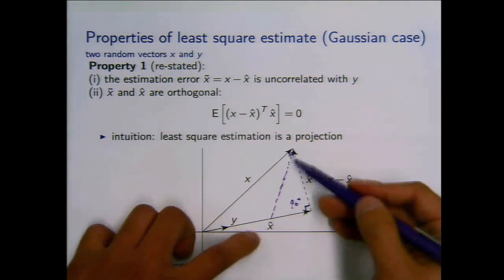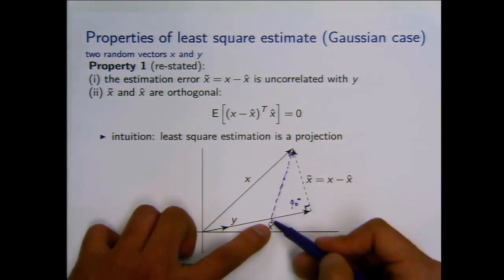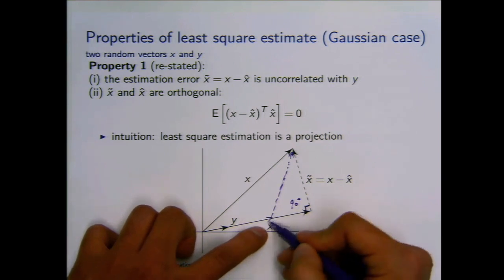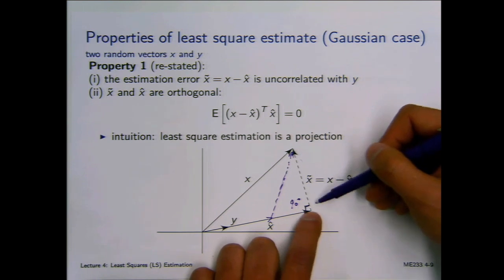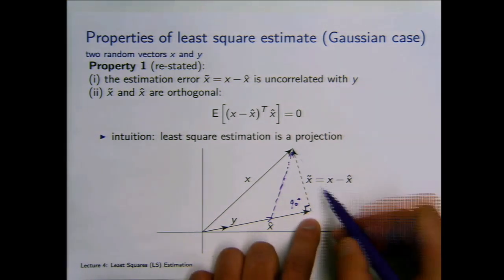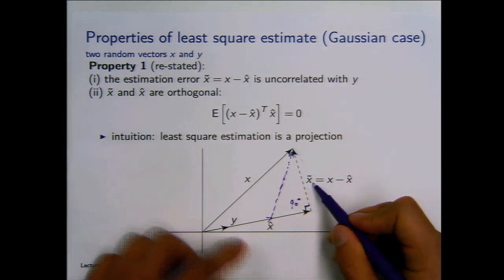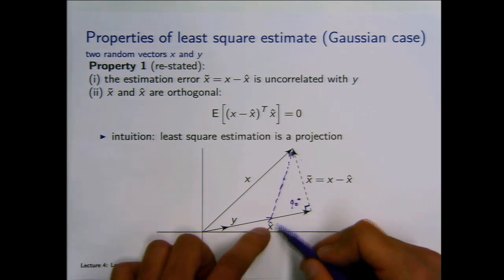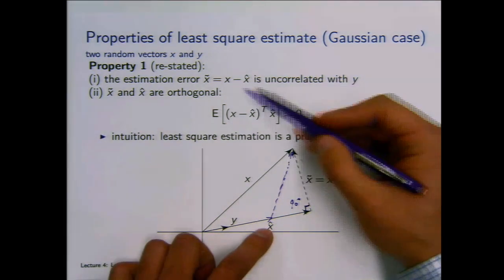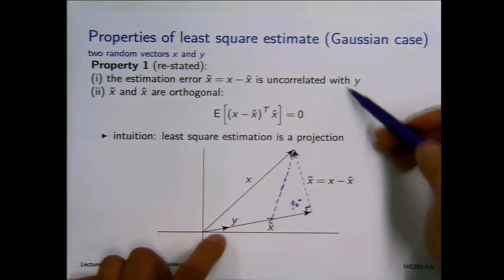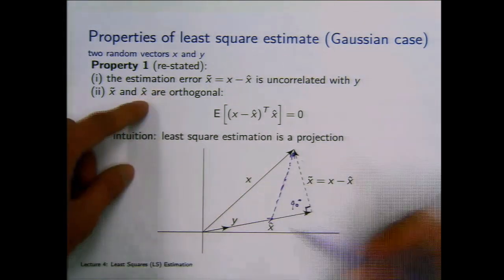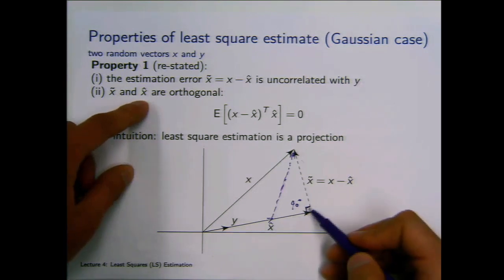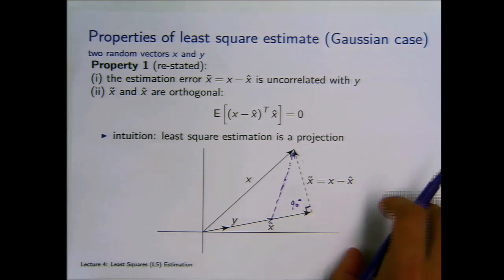My error is definitely going to be larger if the x hat is like this, right? This is the minimum estimation error I can achieve. And in that case, x tilde is uncorrelated with y. And also, x tilde and x hat are orthogonal. So that's the picture for the property 1.